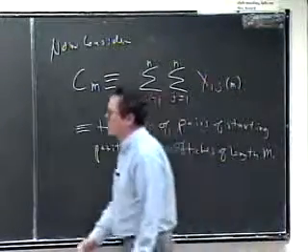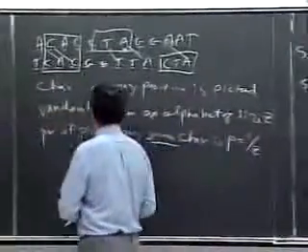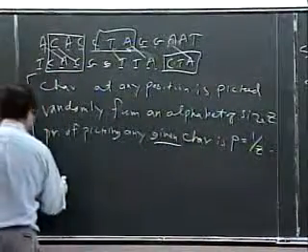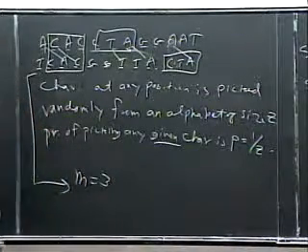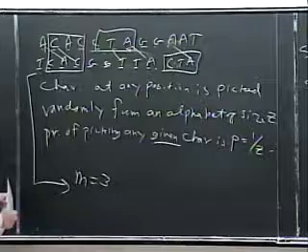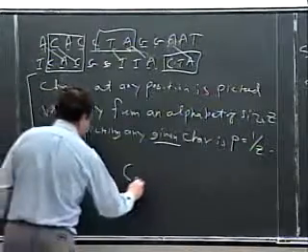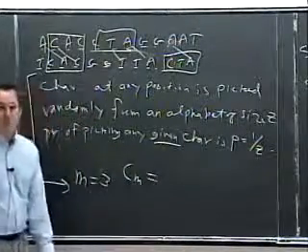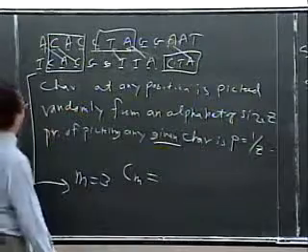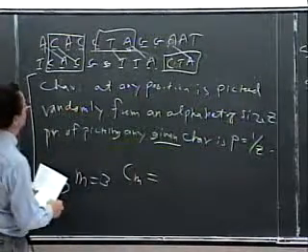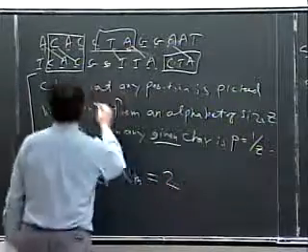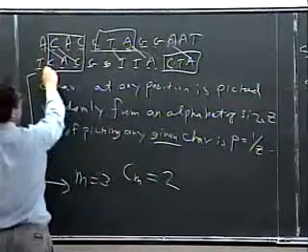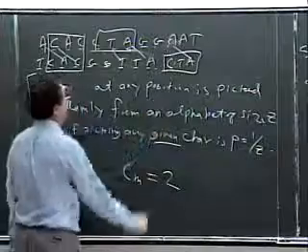So if we go back over to this example, for m equals 3, then I think C_m equals 2. I think there are only two pairs where we're seeing matches of length 3. It's these two starting positions and these two starting positions.